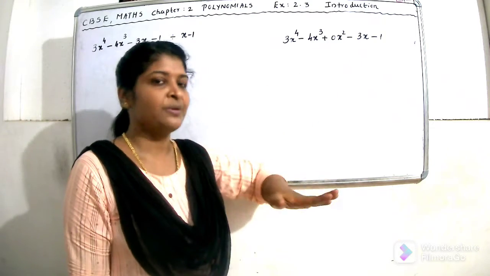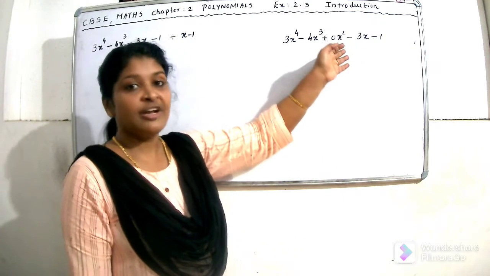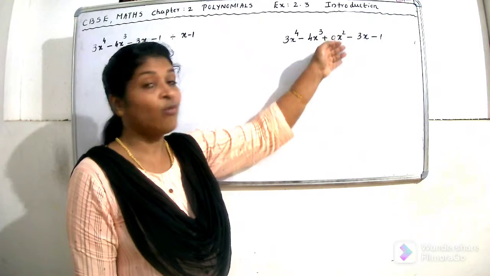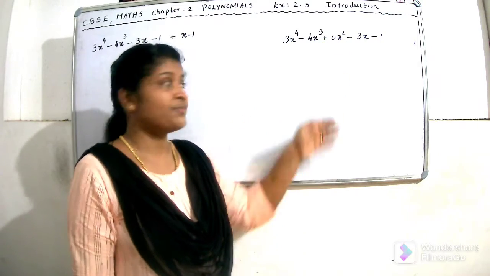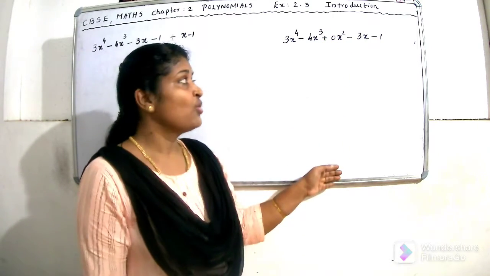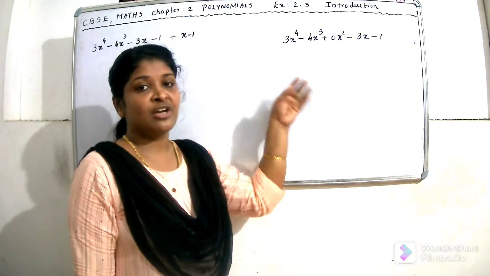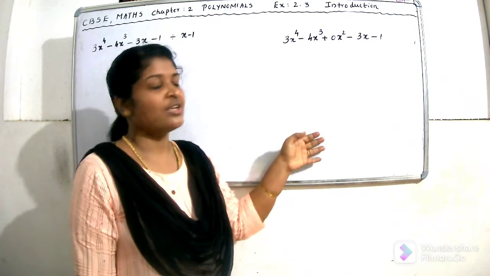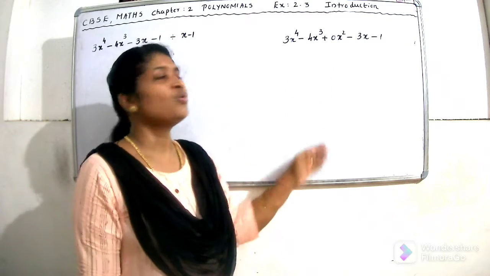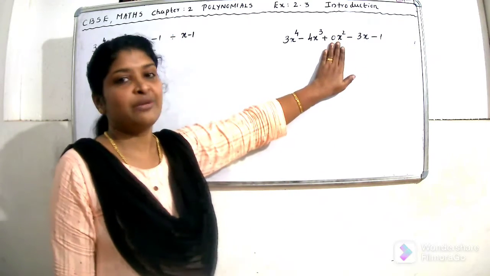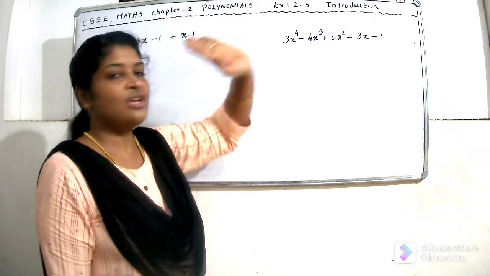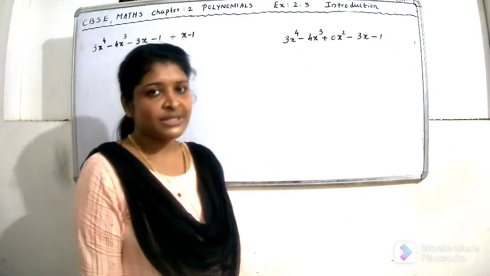It is not compulsory. Why are we writing it this way? In order to avoid mistakes in the process, because the process is lengthy. Many steps are there, and in each step there are terms, variables and signs. So to avoid mistakes, we are just filling that place. So we write the polynomial in standard form.